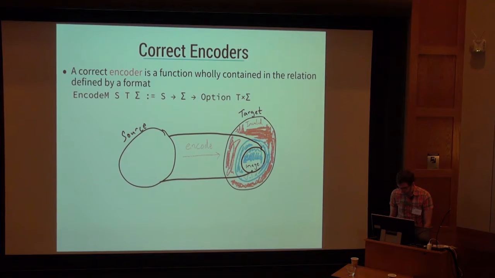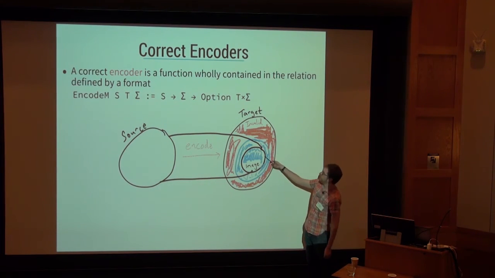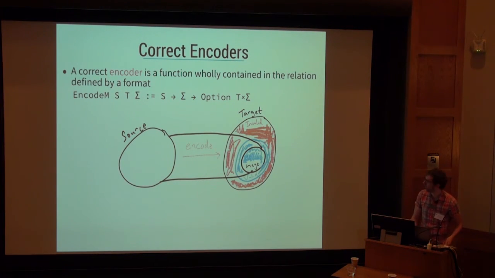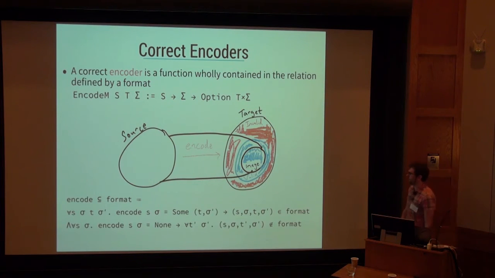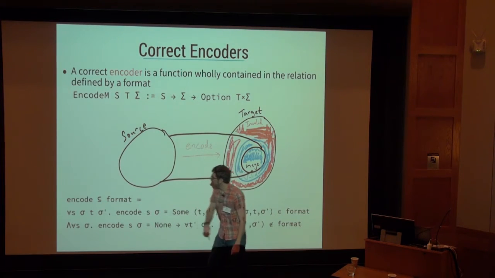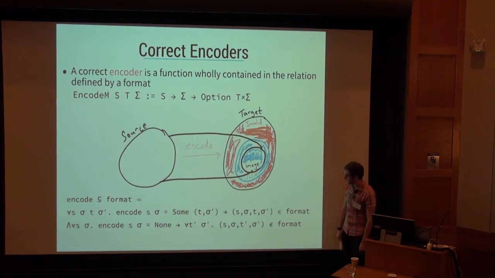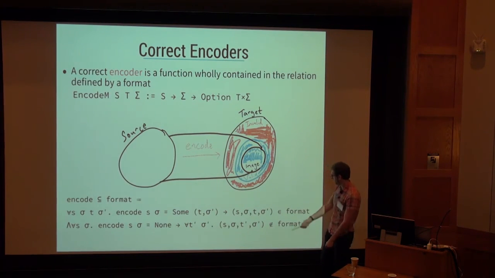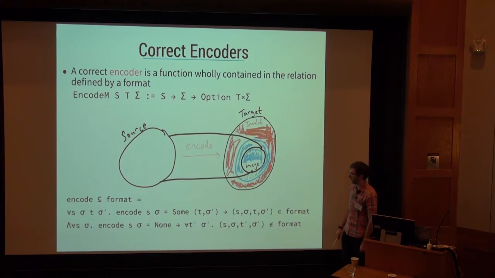Well, it just says that if you try and map any source value using this function, it should end up in the set of valid target values that's defined by our format, which is represented graphically using my poor illustrative powers here, or we could represent it using math, and we can also just specify it in Coq as the following set of predicates, namely, if you encode a source value and you get a target value, well, that better be included in the format.